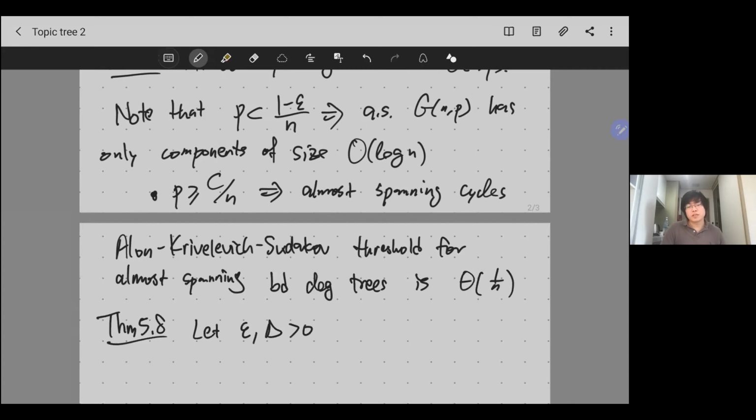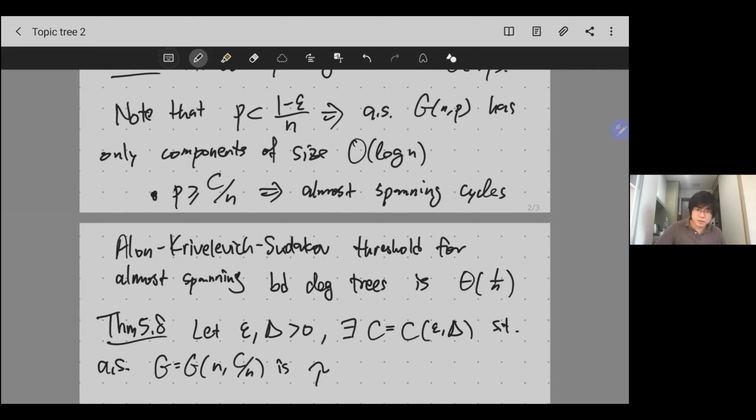Let me state it more precisely. We say epsilon is the leftover, and delta is the degree for the tree. There exists some constant C, sufficiently large, depending only on epsilon and delta, such that almost surely G(n, C/n) is (1 minus epsilon) n, delta universal.